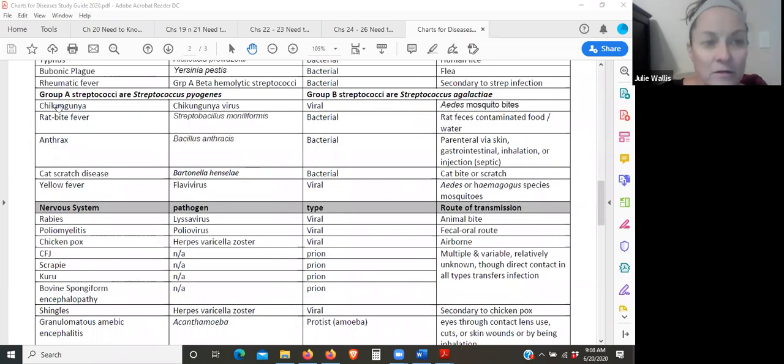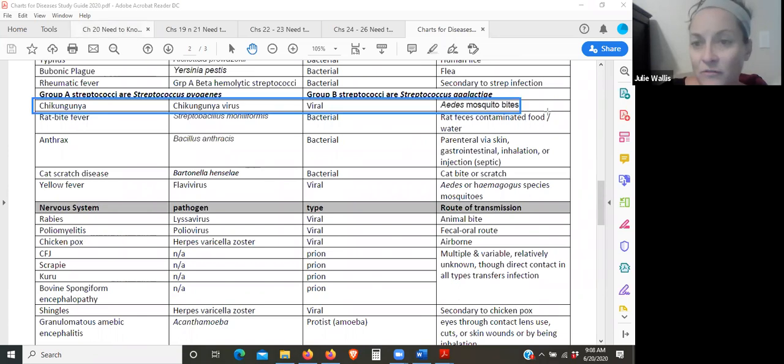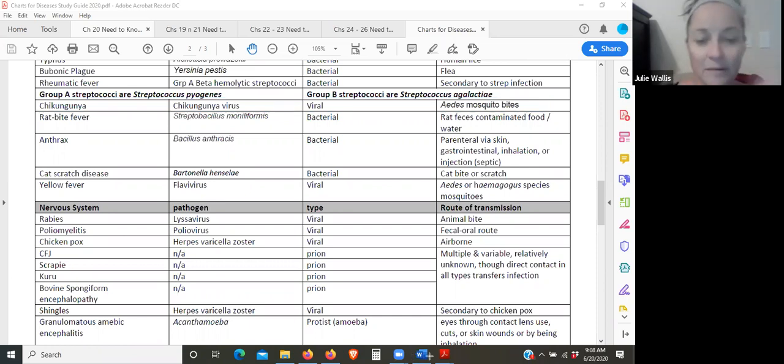So for example here, chikungunya virus, and if you go to the fourth column over, its route of transmission is by an Aedes mosquito. So they pretty much tell you what the vector is. So again, that information is going to be there. You just have to slow down, take your time, pull up the chart, and look through it in order to answer the questions.